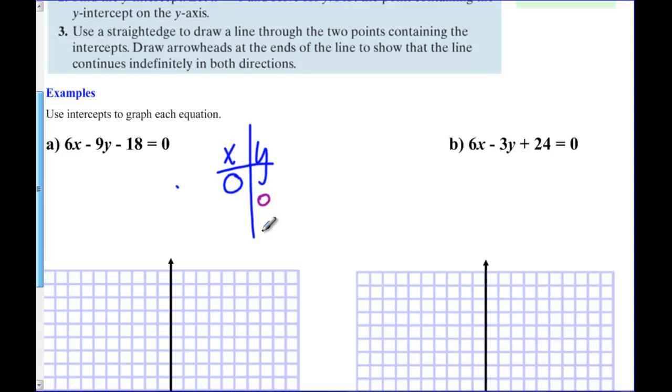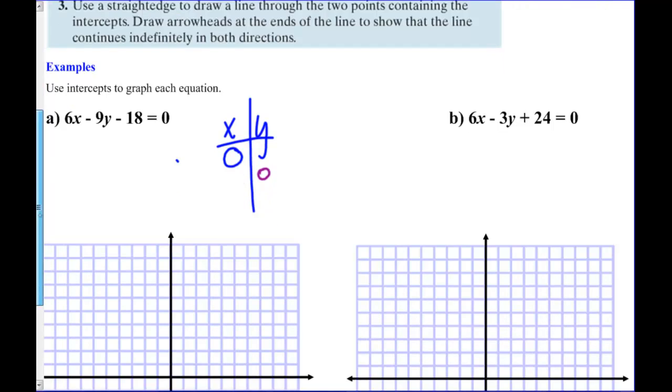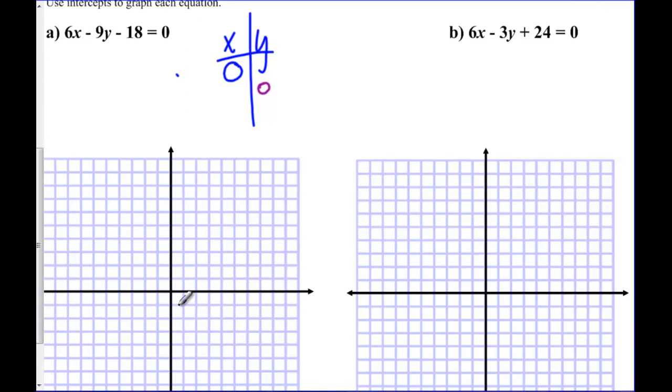To be on the y-axis, you cannot go left or right any, so you have to have a 0 for x to go up or down and stay on the y-axis. For the x-intercept to be on the x-axis, from the origin you can go left or right, that's your x part, but you can't go up or down any, so the y has to be 0.